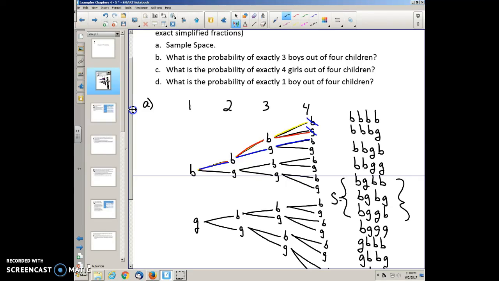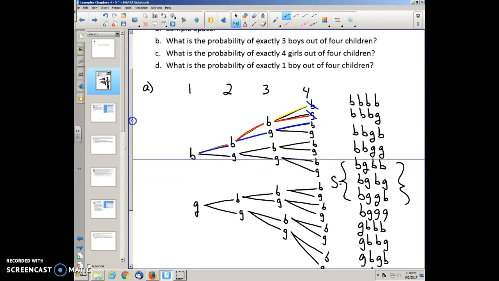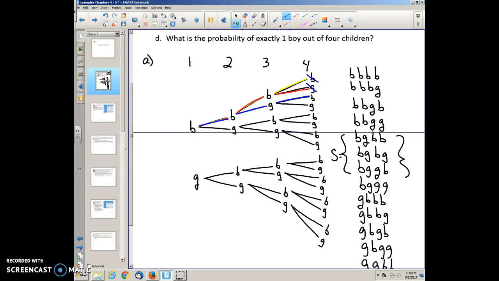B, what is the probability of exactly 3 boys out of 4 children? So we need to find all of the possible outcomes where there are 3 boys.